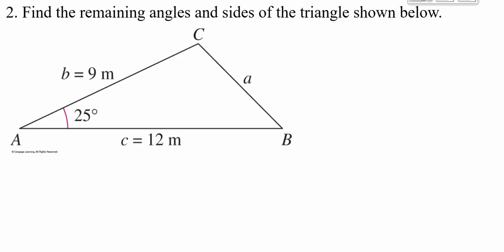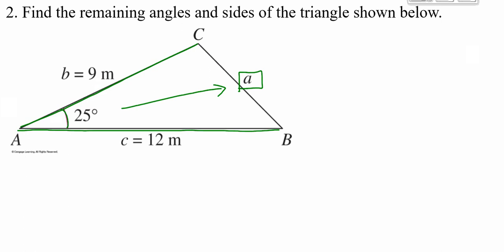So then I also want to make sure that we go over at least one that has the other version of the law of cosines. So for this one, I know two sides and the included angle. So I know this side, I know that side, and here's my included angle. So for that one, I'm going to find the side opposite that angle first, opposite that 25-degree angle.